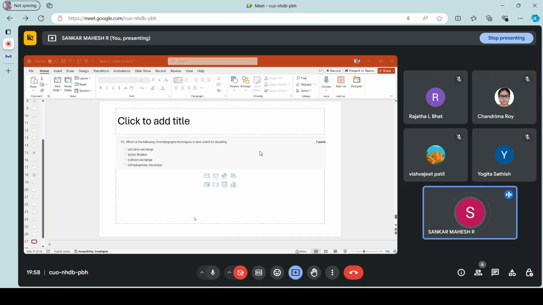Okay, so you can eliminate cation exchange and anion exchange because that is pH dependent. If you want a particular technique for desalting, it should be independent of the protein. All proteins should be able to work here. Because cation exchange and anion exchange are dependent on the pH, you can't really use that for desalting. Now, moving on to gel filtration and hydrophobic interaction.